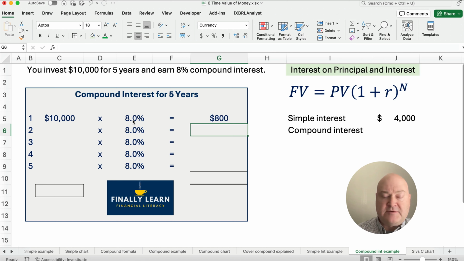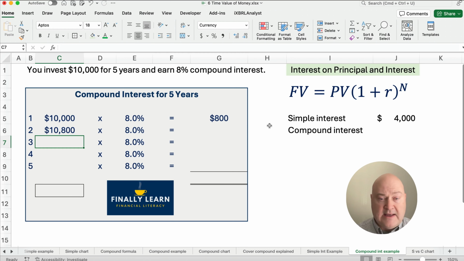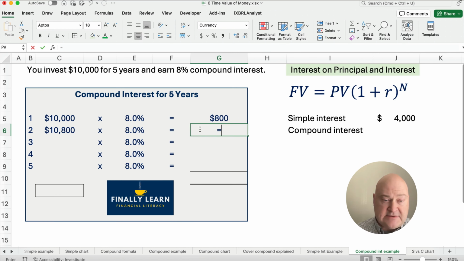But here's the difference between simple interest and compound interest. Compound interest is interest on principal and interest, and interest, and interest. So it just keeps adding. So here we're going to take the 10,000 plus this $800. We'll multiply that times 8%.